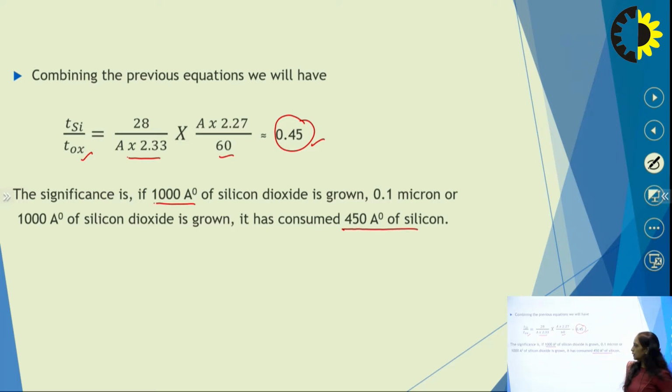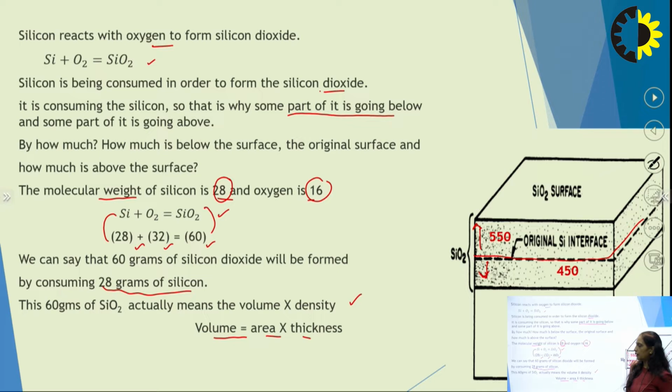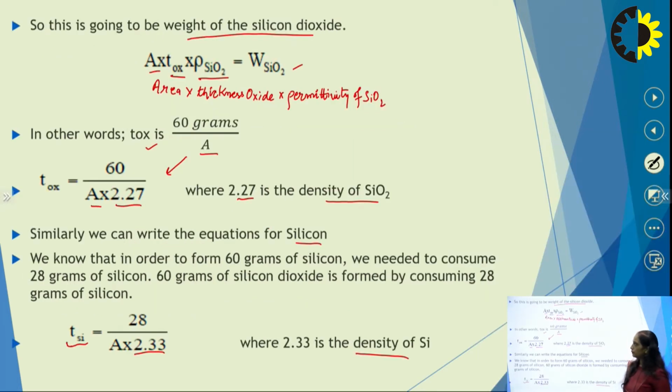That is why in this diagram I have written that 450 Angstrom is consumed by the process. It consumed 450 Angstrom of silicon and 550 will be grown over the substrate.